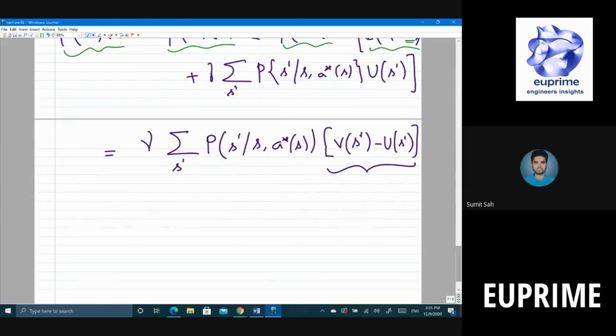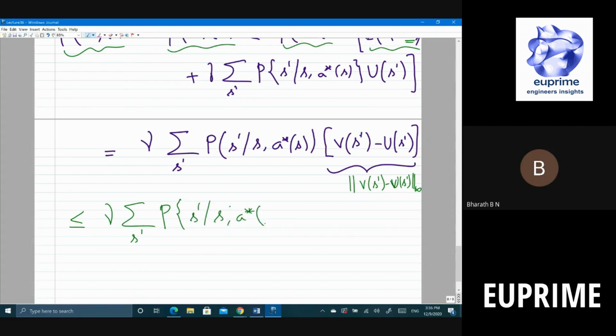So suppose I take this and replace it with, let's say, max here. Infinity norm. Okay, the max norm, the sup norm. Then I'm basically replacing this with the maximum possible difference, right? Then of course I should get an upper bound, right? Summation of S dash, probability of S dash given S comma A star of S, times the V minus U. I'm sorry, this is not S star.